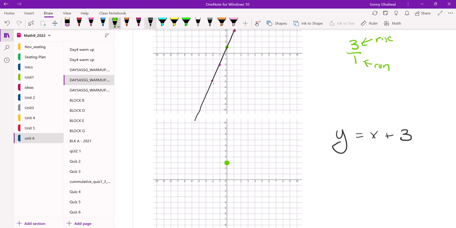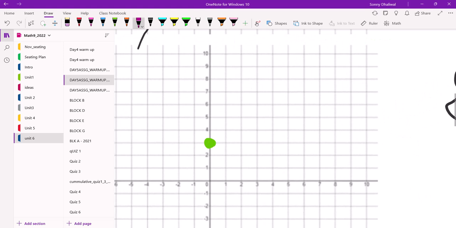There is an imaginary 1, technically a 1 over 1. So a rise 1, run 1. So up 1 over 1, up 1 over 1, up 1 over 1. The way the information is presented sometimes can be tricky. Connect the dots, draw your line.